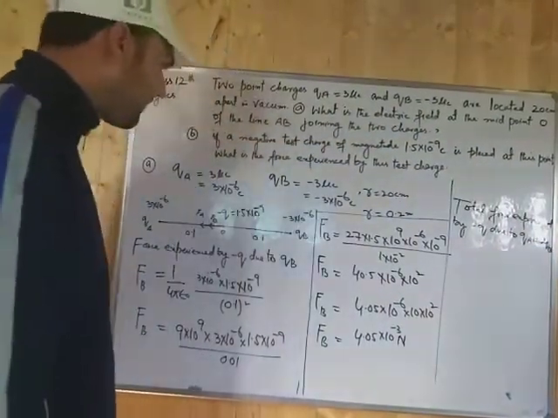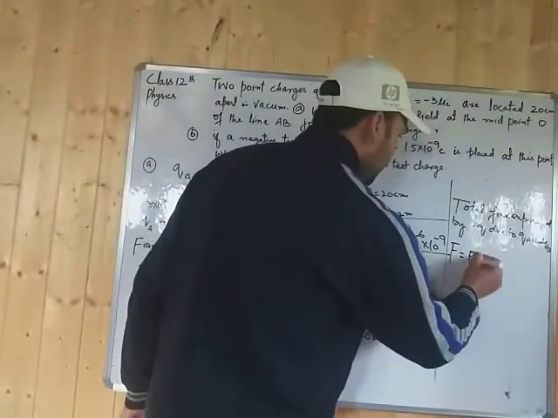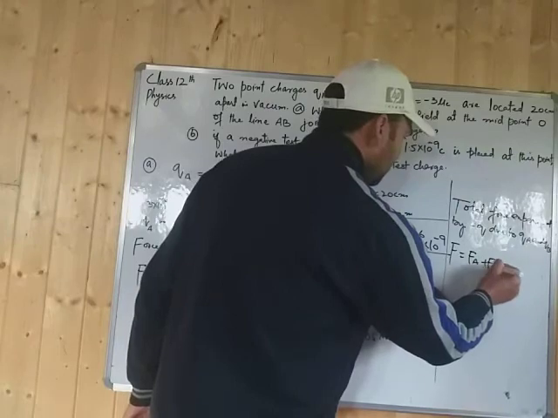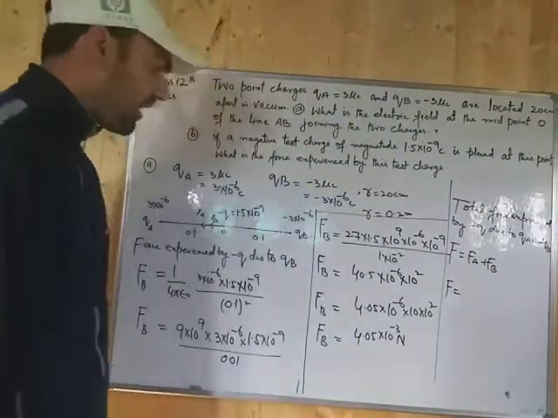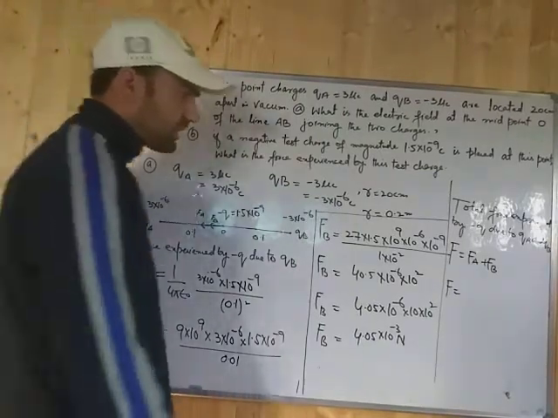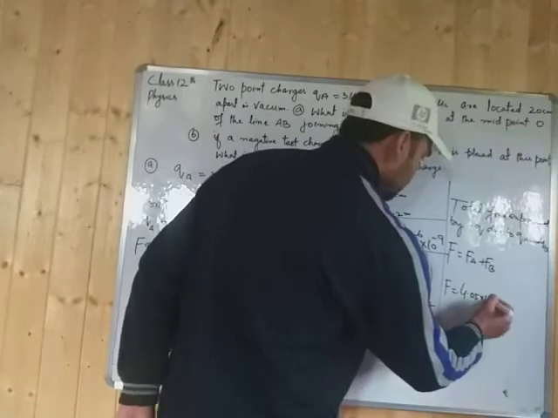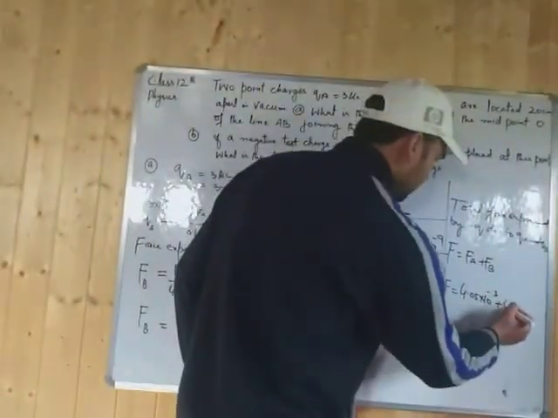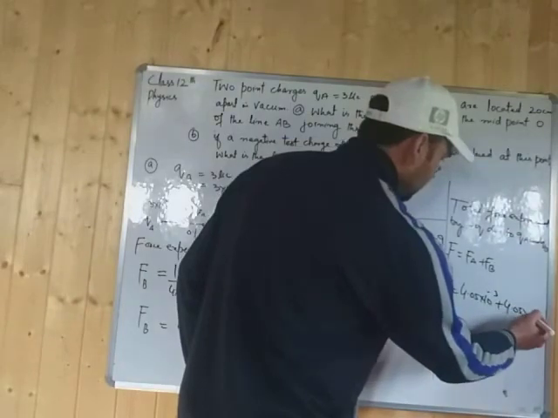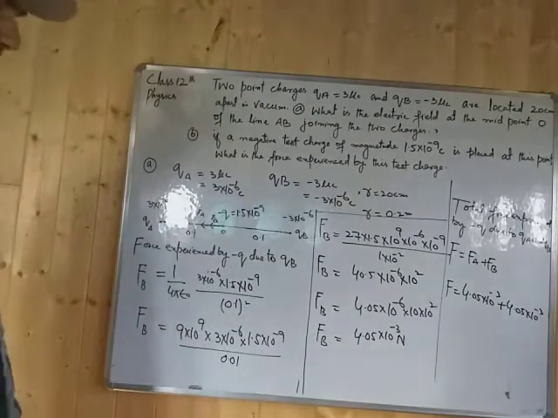So total force F is equal to fa plus fb. What's fa? That was 4.05 into 10 raised to power minus 3 plus 4.05 into 10 raised to power minus 3.